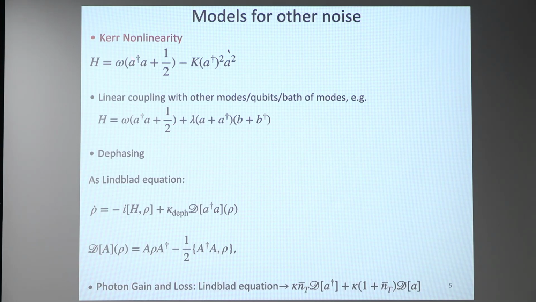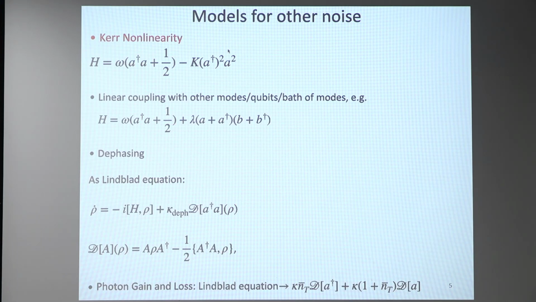If you remember our transmon qubit, there's also a term like this. Sometimes you can also rewrite it as A dagger A, squared. There are reasons to rewrite it this way, but this is a nonlinearity, which is not very nice.